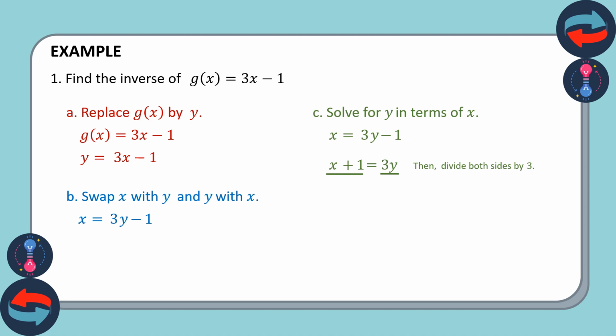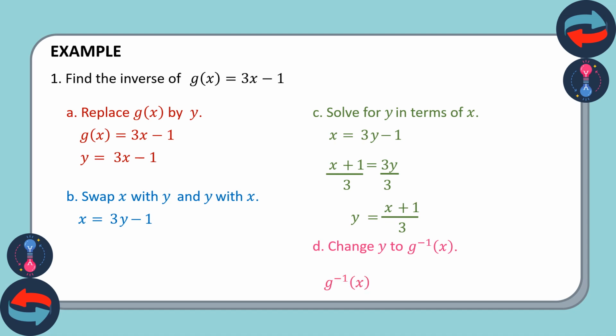x plus 1, we divide it by 3, and 3y, we divide it by 3. y is now equal to the sum of x and 1 divided by 3. Next, we change y to the inverse of g of x.